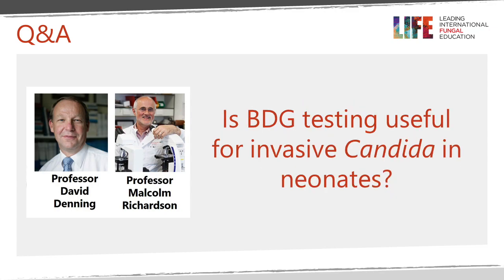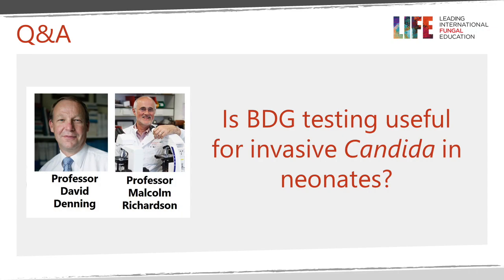What about neonates? Of course, there is a prevalence of systemic Candida infection in low birth weight neonates. What does the literature tell us about the usefulness of this particular test in that patient population? So I presented one study of that, and essentially it is detectable, and many of these babies with candidemia or disseminated candidiasis do have a positive glucan, but it's not particularly good, with a sensitivity and specificity of around 70% and 80%.